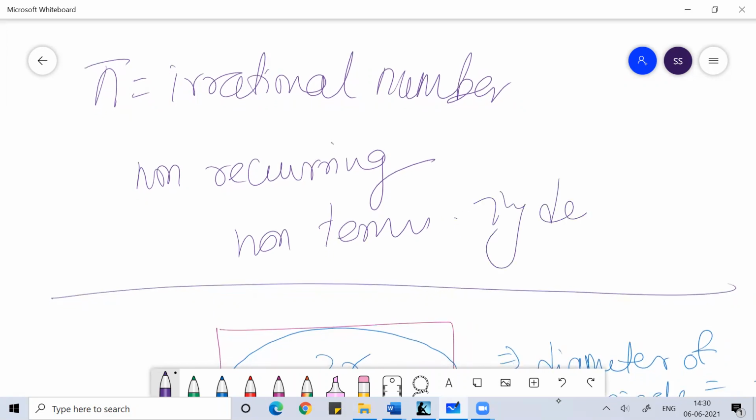So we write that as 3.14, just two places of decimal. It goes on without limit. From supercomputers we keep finding new values of pi every time, so we are not finding any recurring or terminating pattern. That's why pi is an irrational number. Pi, e, all these are irrational numbers.